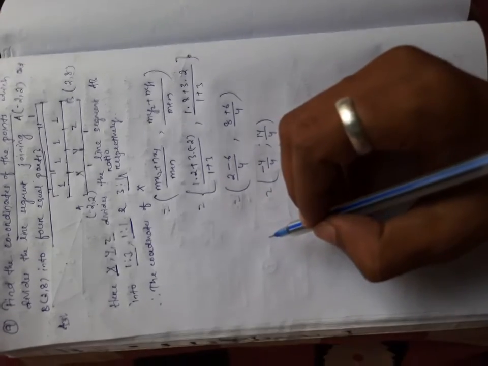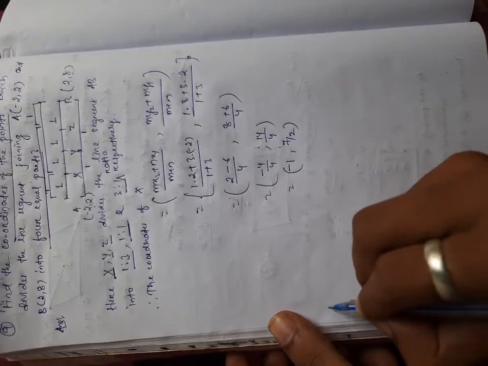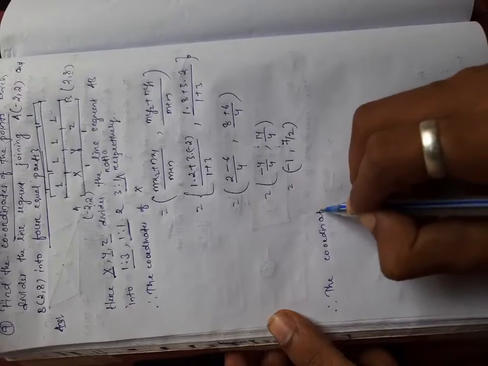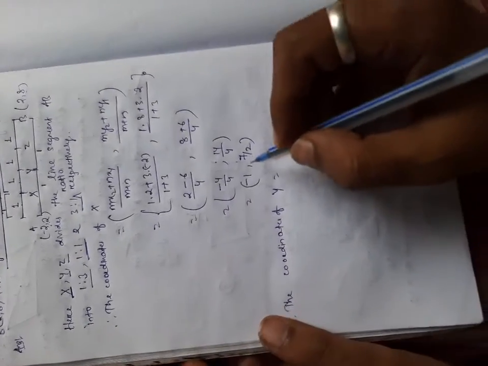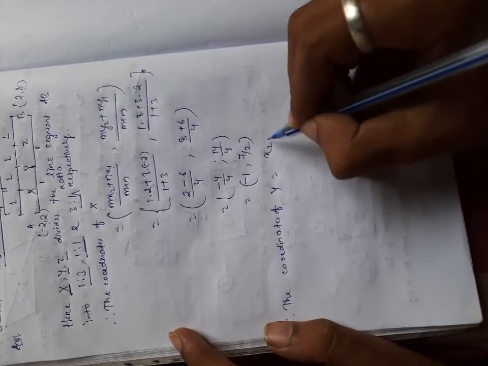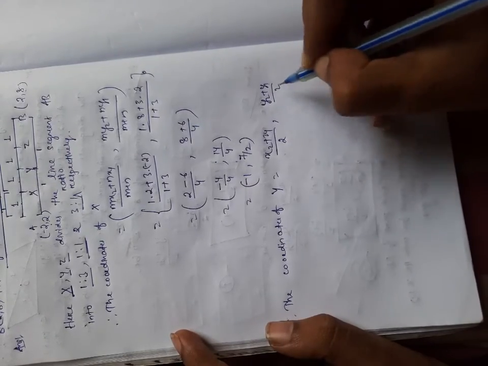Now for the coordinates of y. Here we can apply the 1:1 formula, that is the midpoint formula, that is (x2 plus x1) by 2 and (y2 plus y1) by 2.